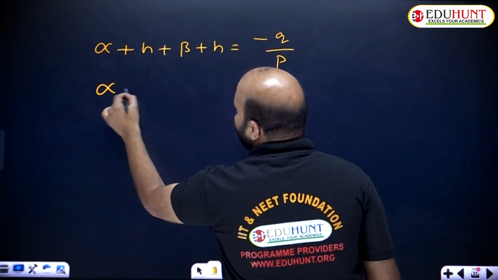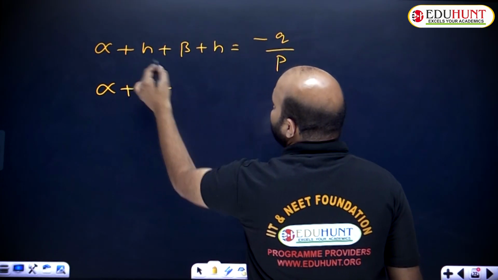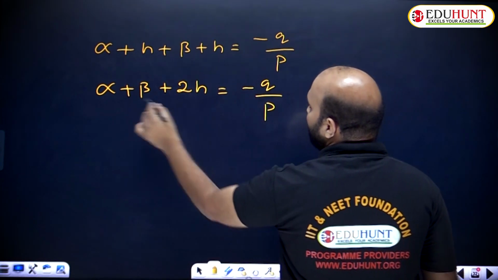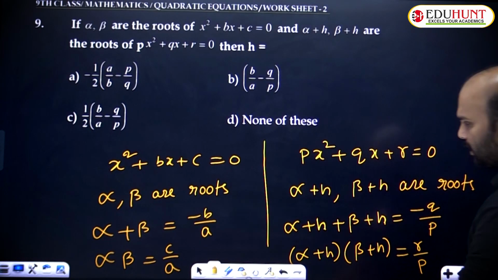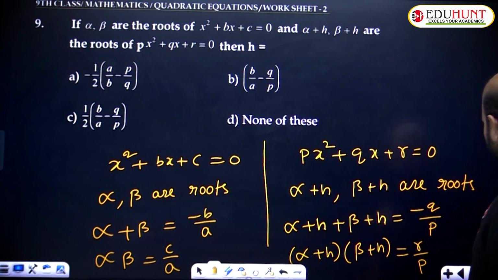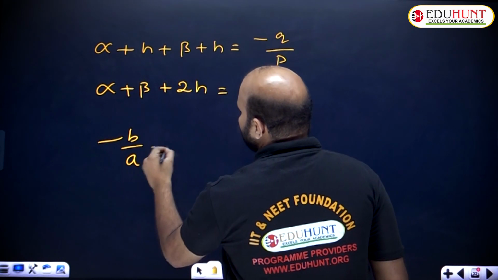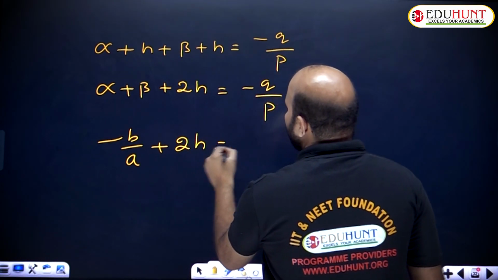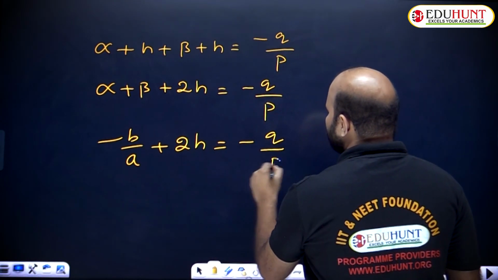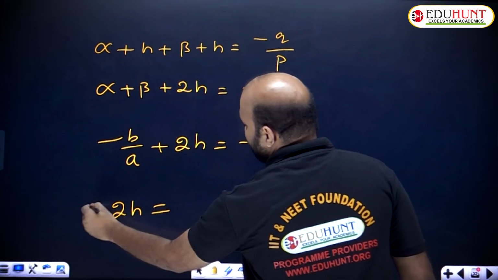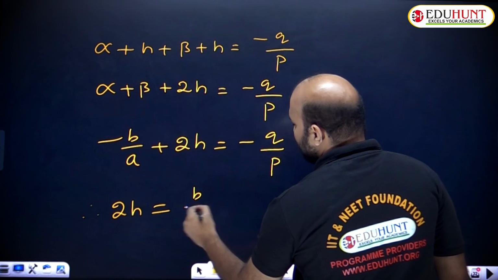It can be written alpha plus beta plus 2h equals minus q by p. But clearly alpha plus beta value is already obtained, minus b by a.